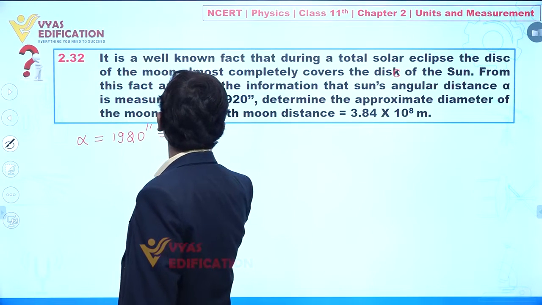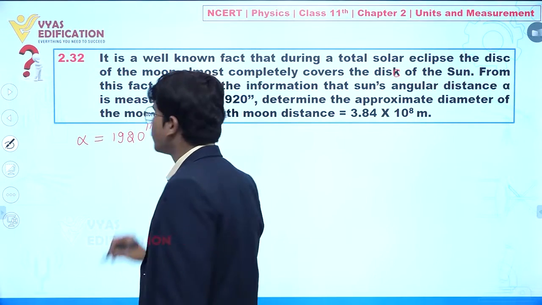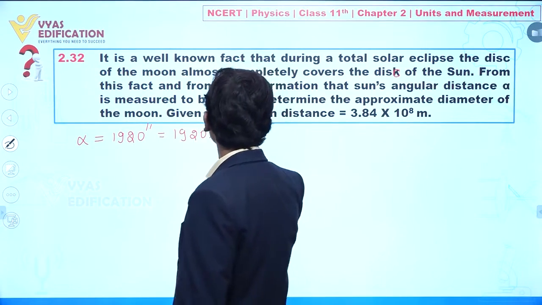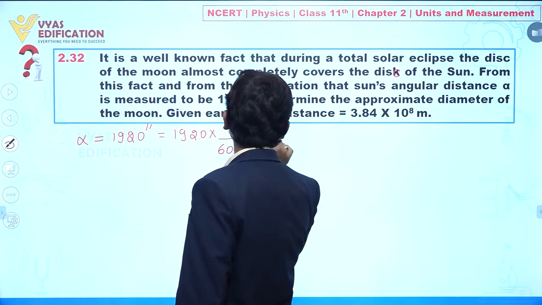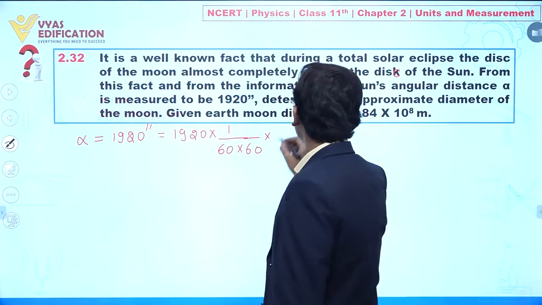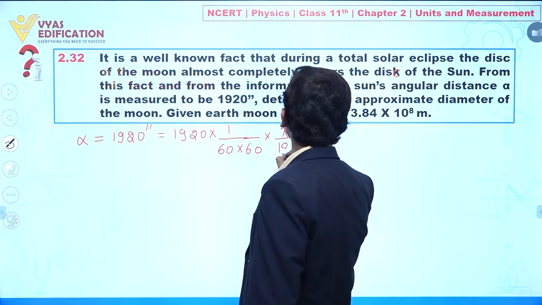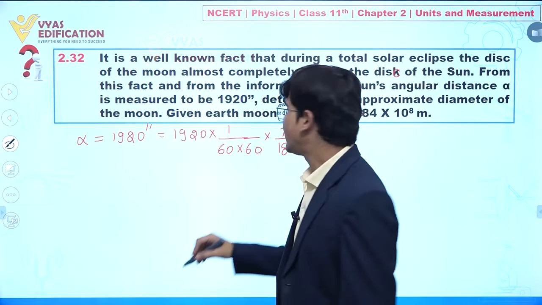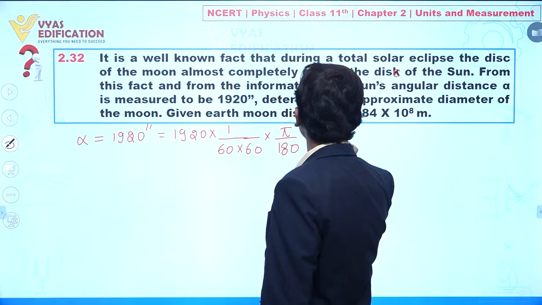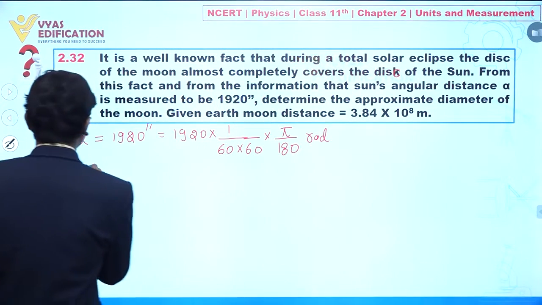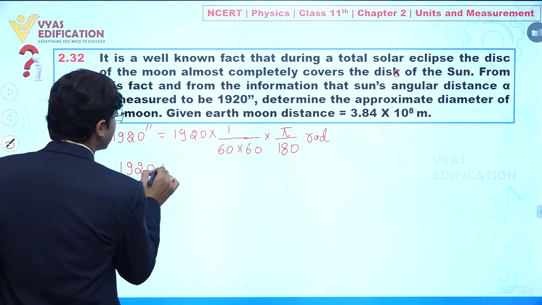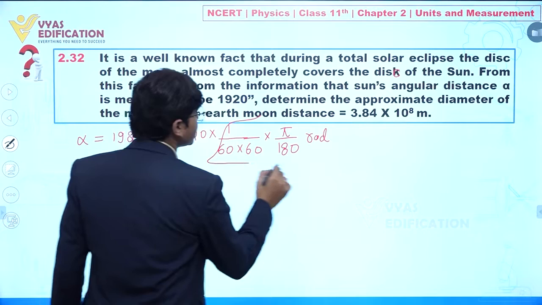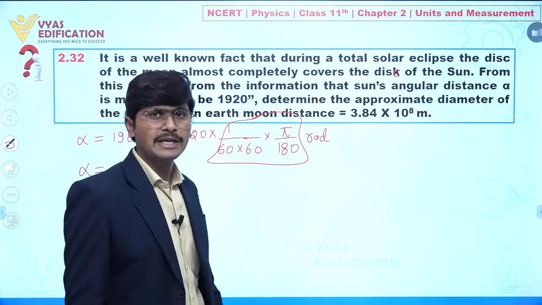First we can convert this 1920. Now if we multiply it with pi by 180, now it is converted into radian. So from here we can write like this, alpha into pi by 180. Clear?